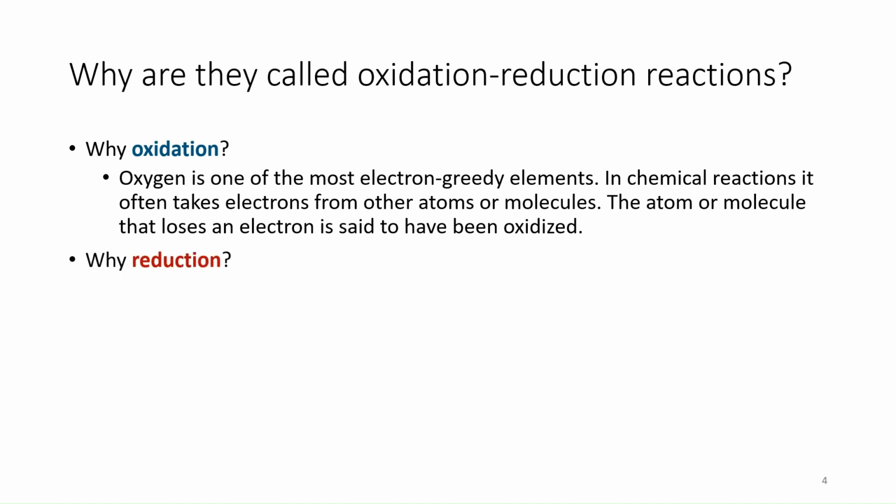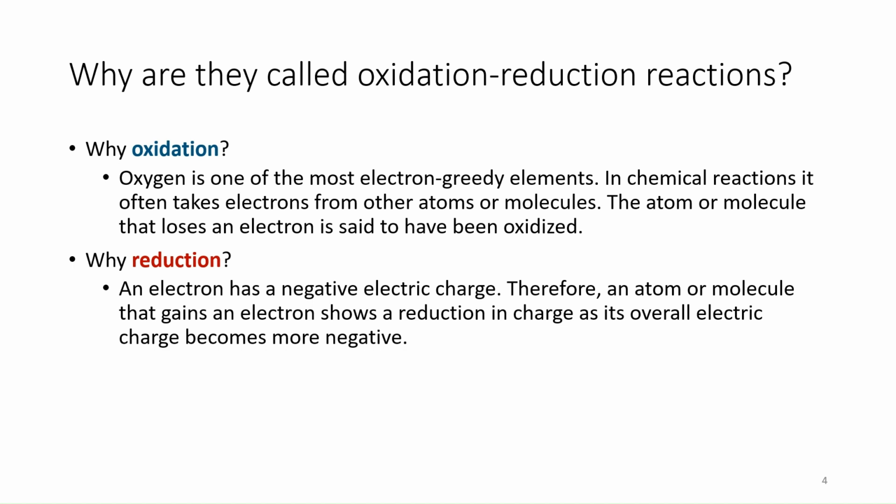And reduction, well, we don't have a single atom that's quite as well studied as oxygen that we would name reduction after, but reduction is the other half of this interaction. So reduction would be oxygen gets reduced, where an electron is transferred to oxygen.